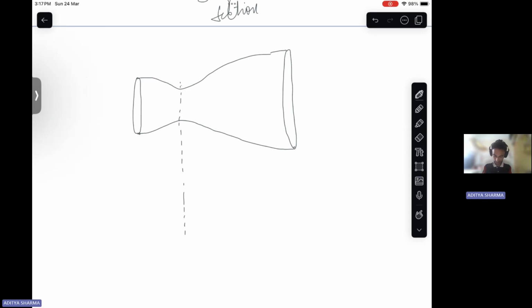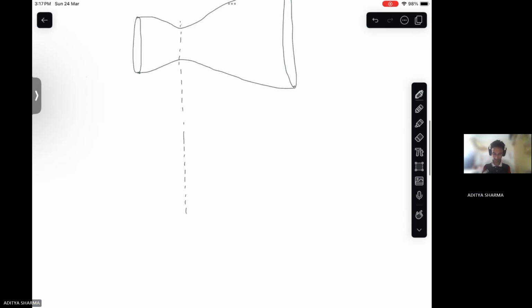This is the throat section. So if I draw the static pressure graph along the length of the nozzle, how will it be? Let's see.